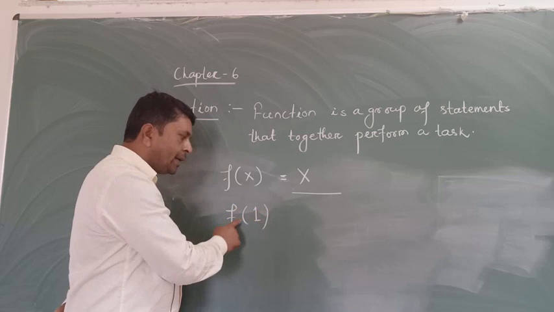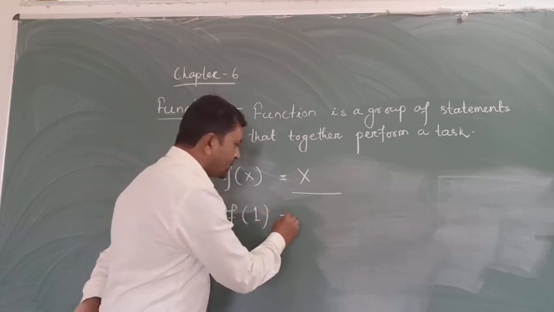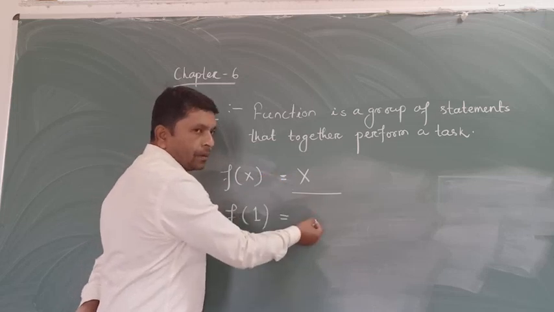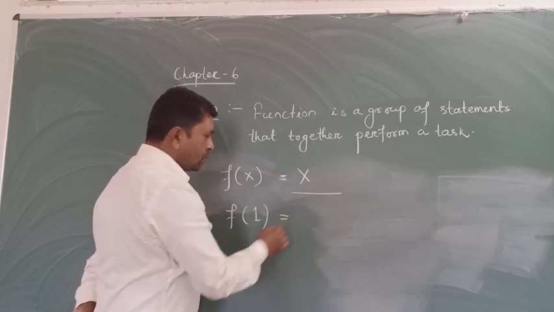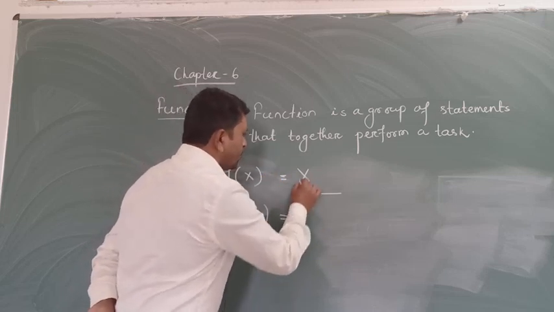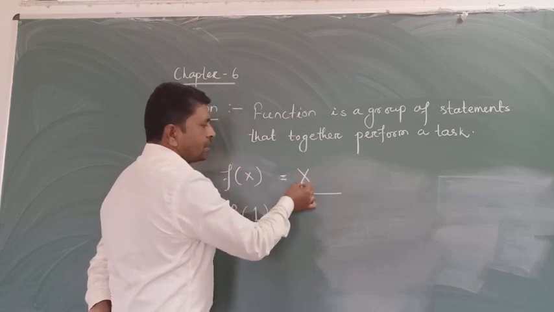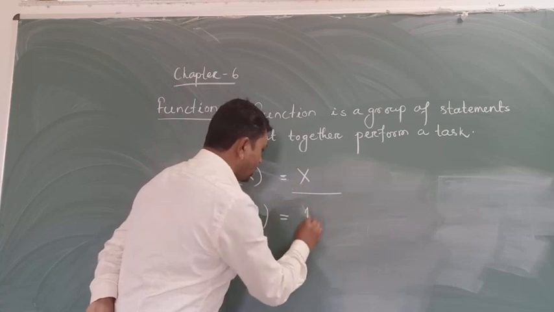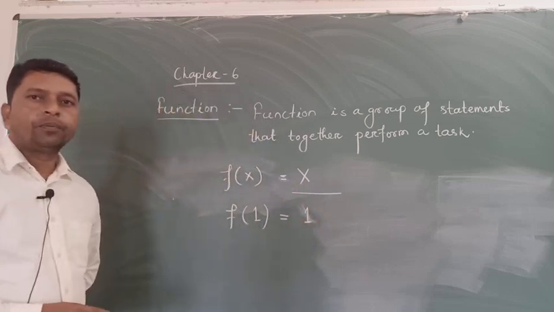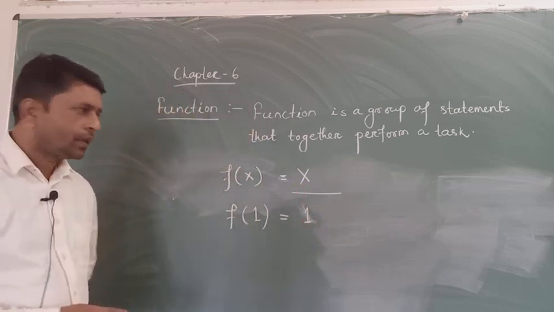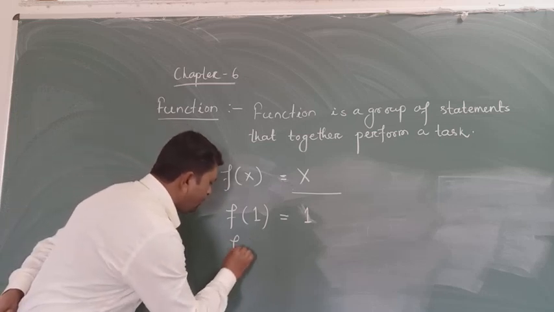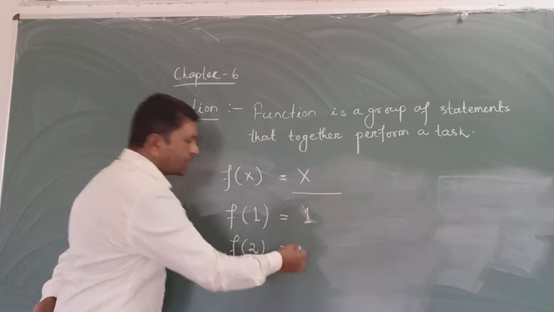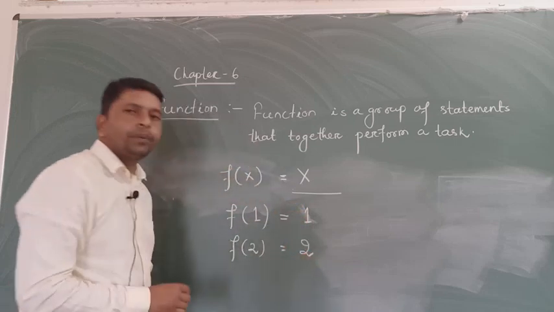The value of x is transferred to the statements, so x becomes 1, and f of 1 is equal to 1. Again, if I write f of 2, the value is reflected here also and it becomes 2.